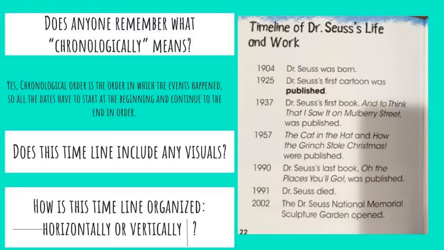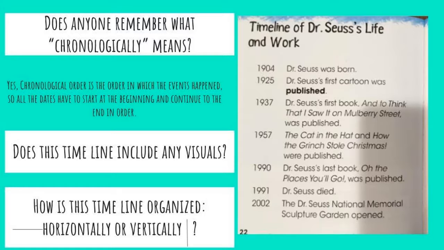Do you remember what chronologically means? At the beginning of this lesson, we discussed that chrono refers to time. So chronological is the order in which things occur. So yes, chronological order is the order in which the events happened. All the dates have to start at the beginning and continue to the end in order.